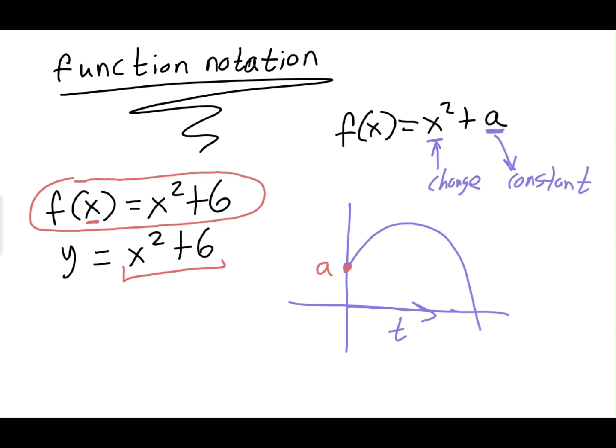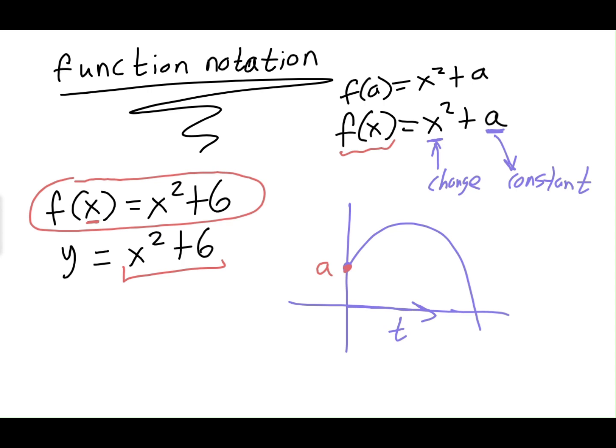But time does change. So there's a little bit of difference between an x variable and an a variable in this function notation. It's telling you that x is what changes. Whereas if I were to write f of a equals x squared plus a, that means a completely different thing. It tells me that x is actually constant. It's some variable, I don't know what it is, but whatever it is, it doesn't change, whereas a does.